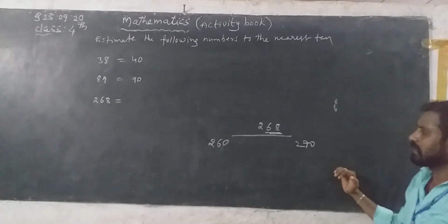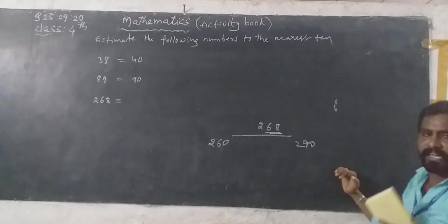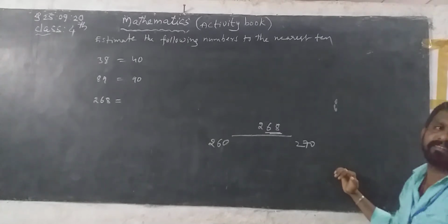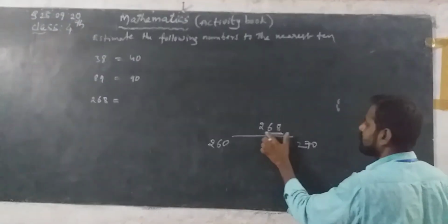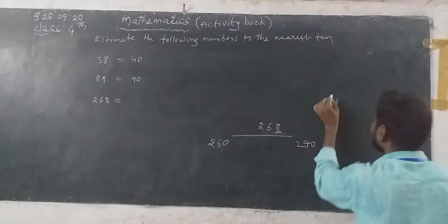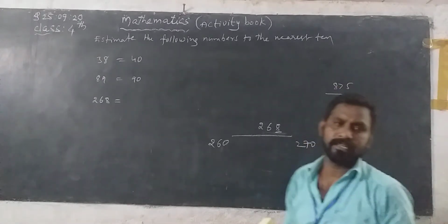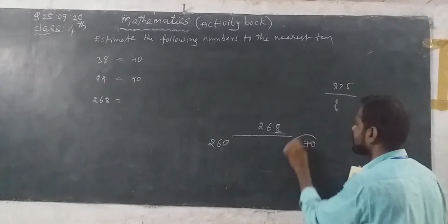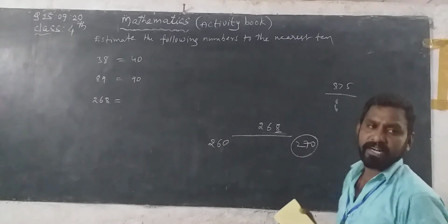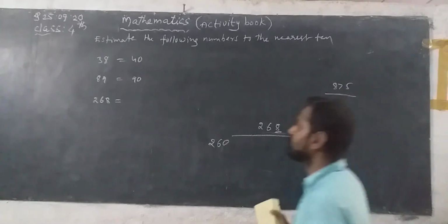While you round the given number to the nearest tens, you compare the digit in the ones place. So here you take 8. 8 is greater than 5, which means you write the next tens. Next tens means here 270. So 268 is rounded off to 270.